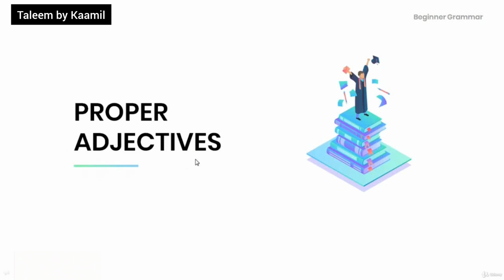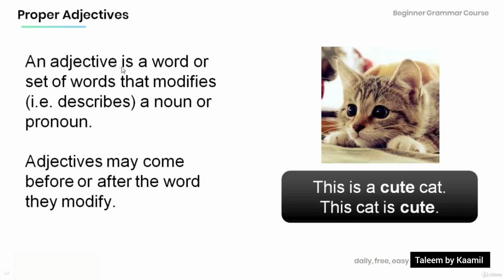Let's get started. Remember that an adjective is a word or set of words that modifies, in other words, describes, a noun or pronoun. Note that adjectives may come before or after the word they modify, as in the example over here. This is a cute cat.